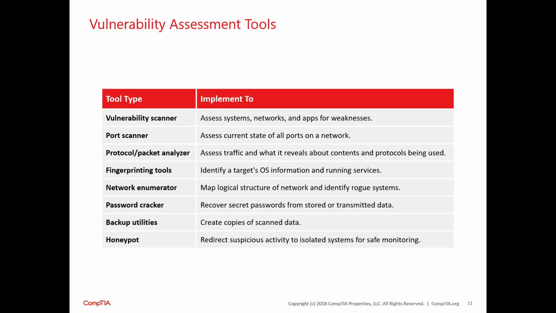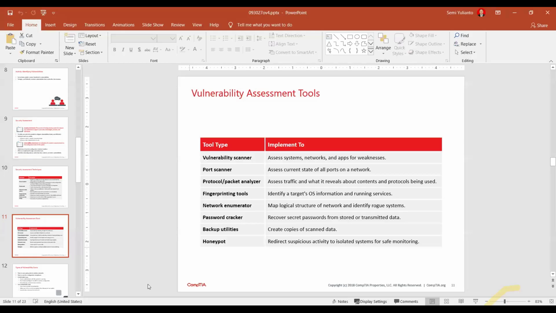We have the network enumerator that will map the logical structure of your network and even identify rogue or unauthorized systems. We have password crackers that will allow you to recover secret passwords from stored or transmitted data, backup utilities, as well as honeypots that will allow you to catch the hacker.